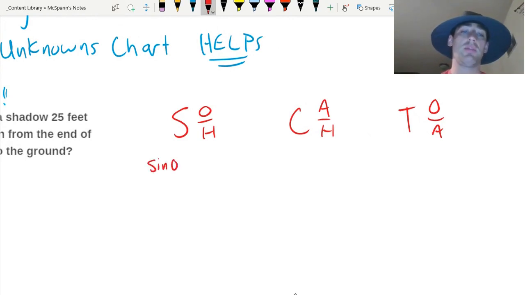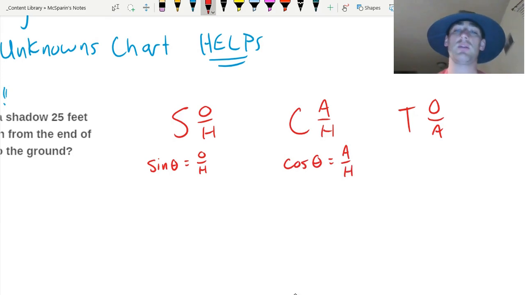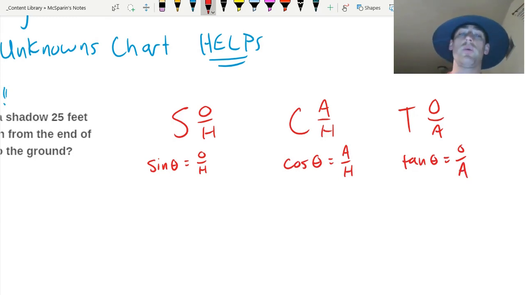So I know that sine theta equals opposite over hypotenuse. Cosine theta equals adjacent over hypotenuse. Tangent theta equals opposite over adjacent. We also have the inverse equations. Inverse sine of O over H equals theta.